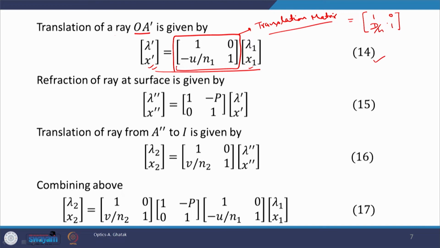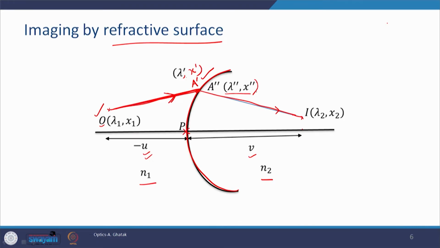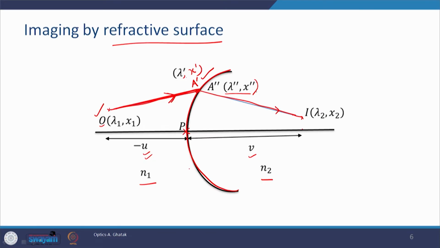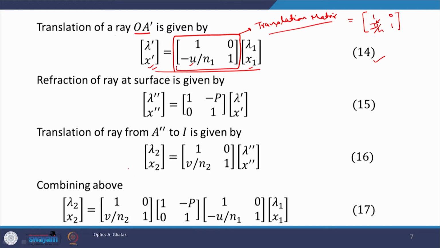Since the distance between O and A prime is minus u, we will replace d with minus u, and therefore, instead of d by n, we have minus u by n1, where n1 is the refractive index of the medium on the left hand side of this curved surface. Therefore, we replaced n in the denominator by n1, and this is this element here.